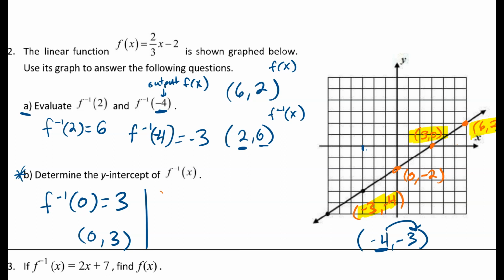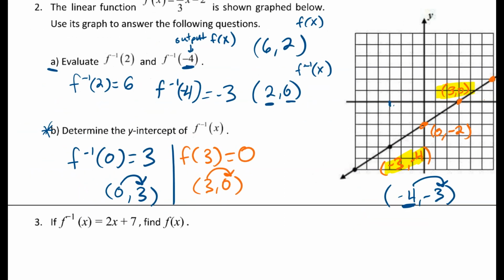But if I look at my regular function here, when I plug in 3 for x, I get out 0 for y, which represents the point (3, 0). So it makes sense that my original function sends 3 to 0, and my inverse function does the exact opposite. It sends 0 to 3. That's going to be the case every time we have a function and an inverse function and we're looking at them graphically.